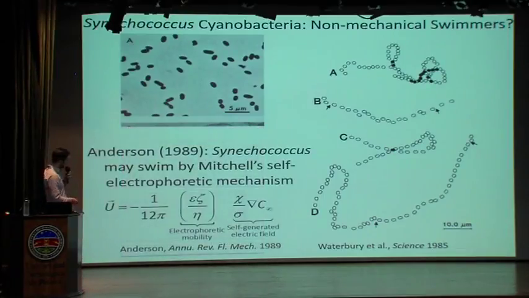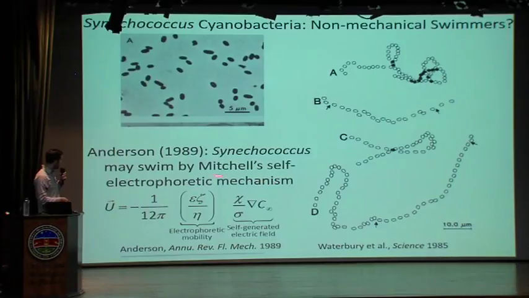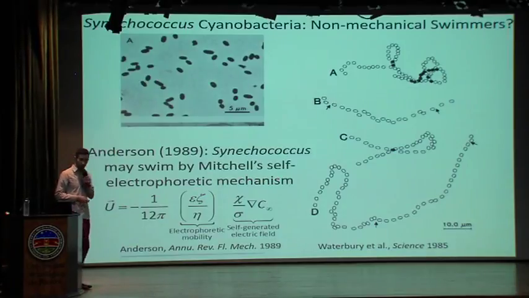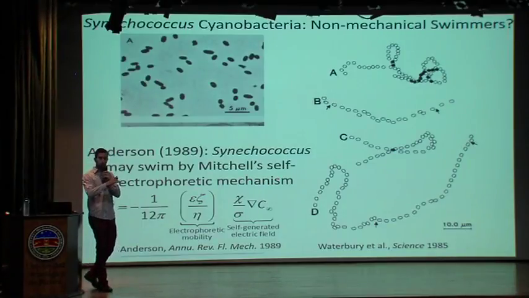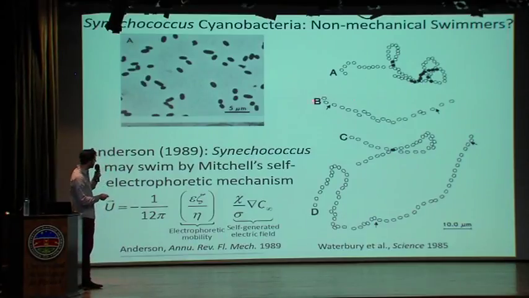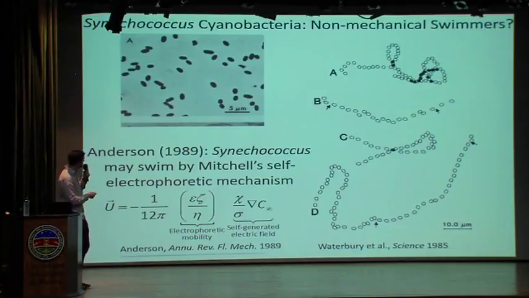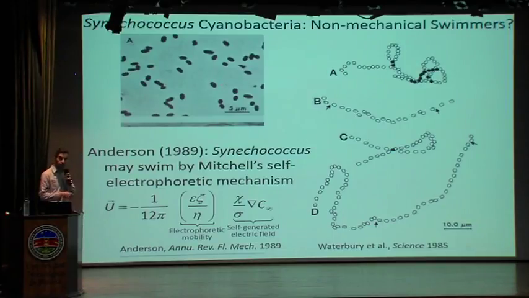Well, it was proposed that they might swim using a similar mechanism that Mitchell proposed. Okay? That maybe they're able somehow to generate an electric field, okay, that will then cause ions to move along the surface here and propel the organism kind of like the caterpillar track.